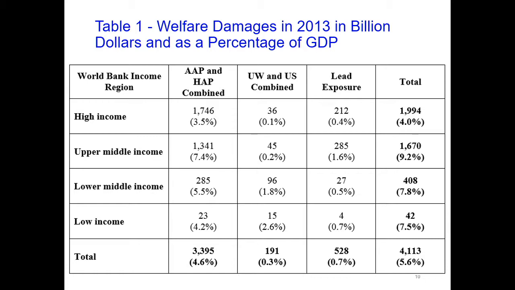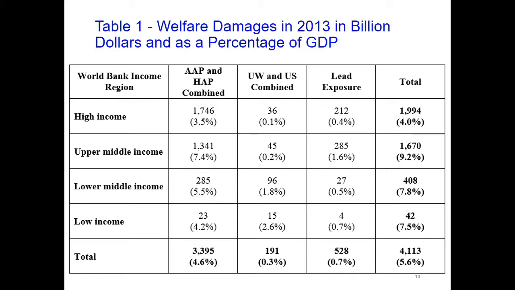The numbers in parentheses give you that damage number. So, for example, for high-income countries, for ambient and household air pollution combined, the damages are about $1.7 trillion for the year 2013, which is about 3.5% of GDP in those countries.